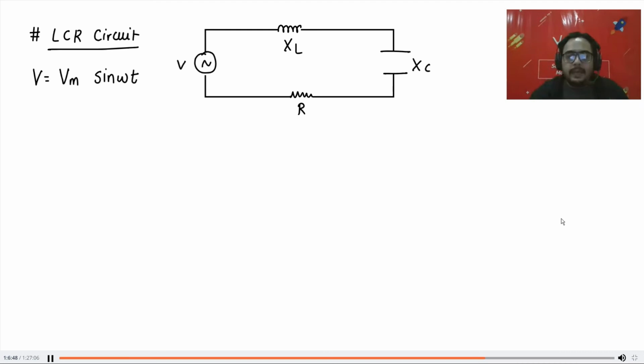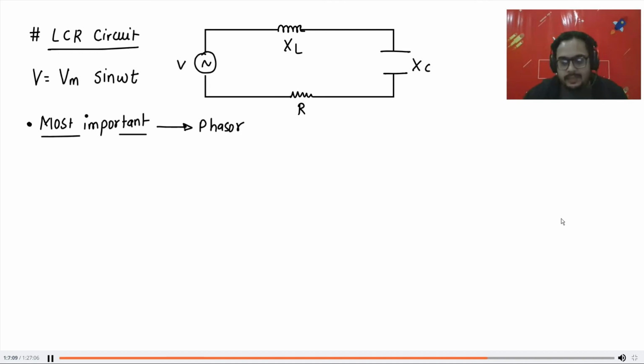Whenever you get the LCR circuit, the most important thing to solve the circuit is the phasor. Now here are 3 elements.